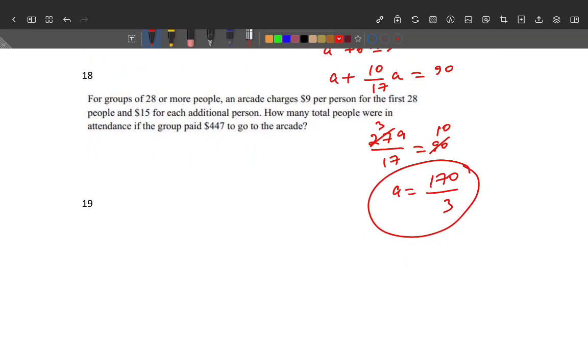Okay, for groups of 28 or more people, Arcade charges $9 per person for the first 28 people and $15 for each additional person. Okay, it means the total is 28 multiplied by 9 plus x people with additional 15 is equal to this number.